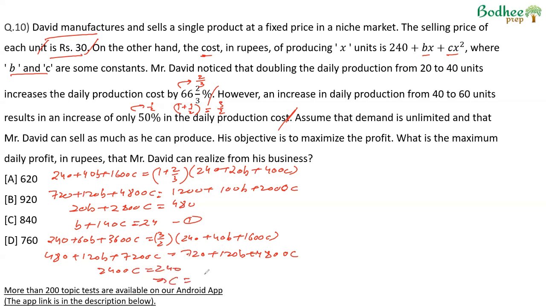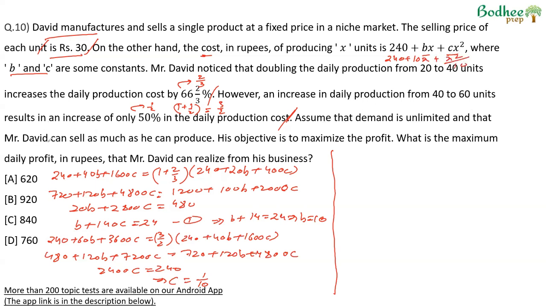Therefore, C is equal to 1 by 10. If you put the value of C as 1 by 10 here, B plus 140 into 1 by 10 is 14, is equal to 24. So B comes out to 10, which means our production cost is 240 plus 10x plus x square by 10.